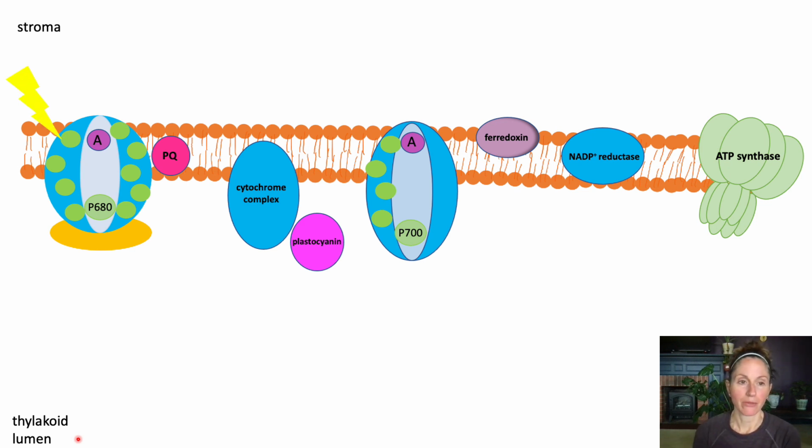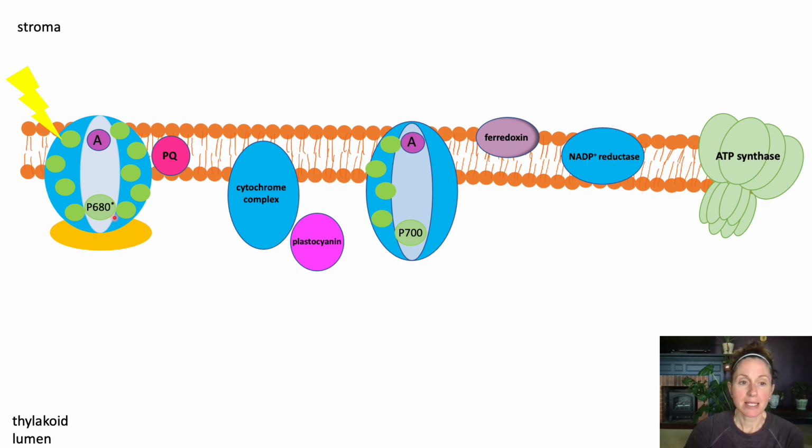So we have light that is going to strike one of these accessory pigments, if you remember from last lesson, and energy gets transferred, not electrons, from all of these accessory pigments to P680, which is the chlorophyll A, which we know is going to get its electron energized and actually donate its electron to the primary electron acceptor.